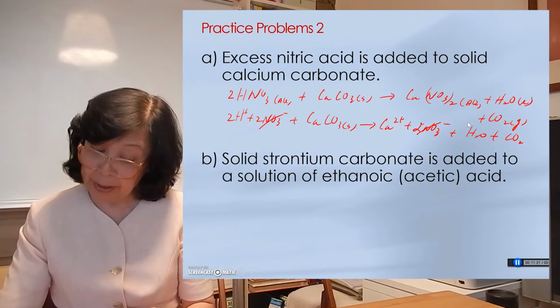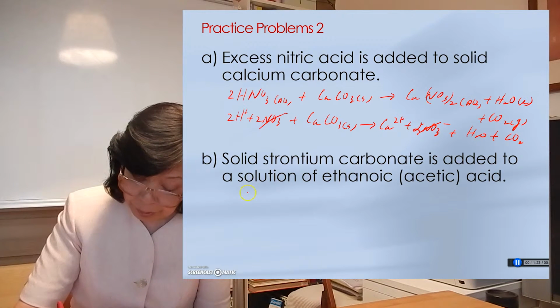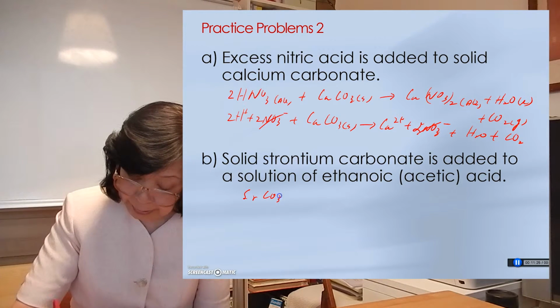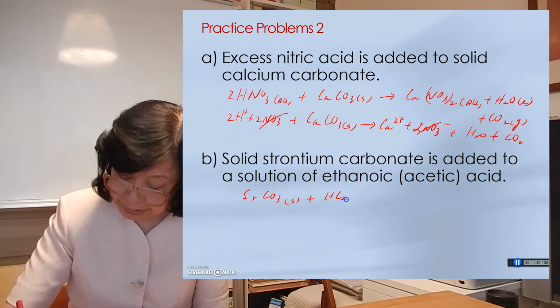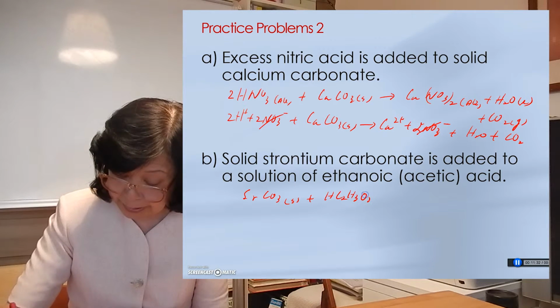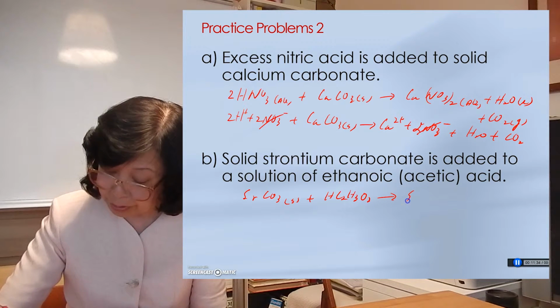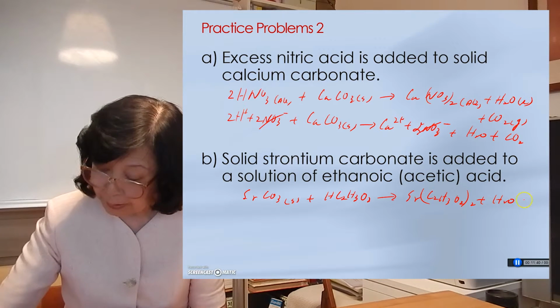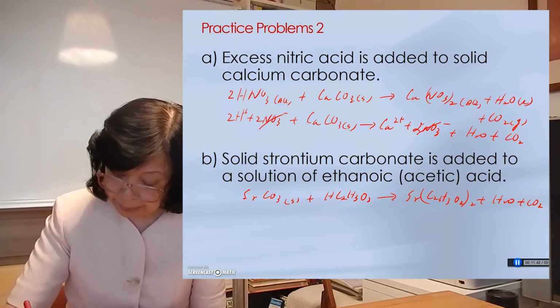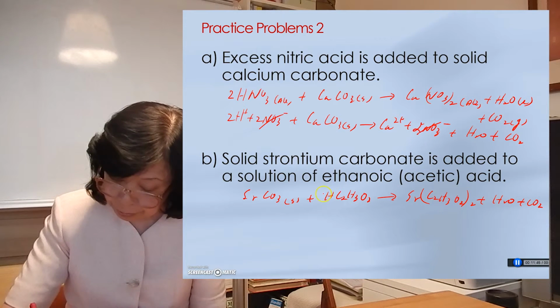Solid strontium carbonate added to ethanoic acid. So we have strontium carbonate added to acetic acid. Ethanoic acid is the same as acetic acid, to form strontium acetate, the soluble compound, and water and CO2. Multiply this by 2 here.